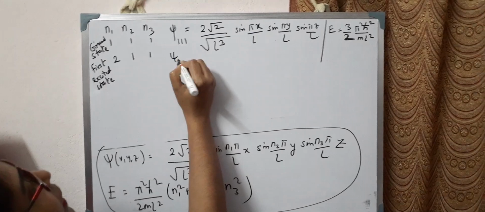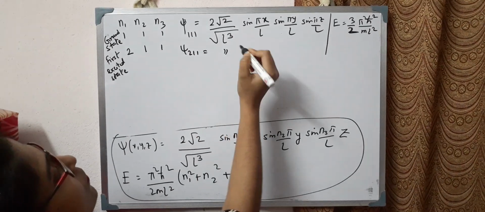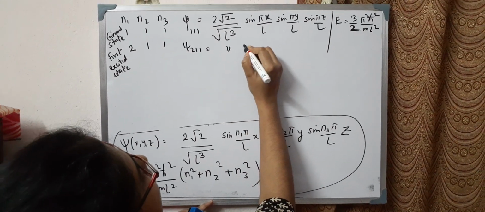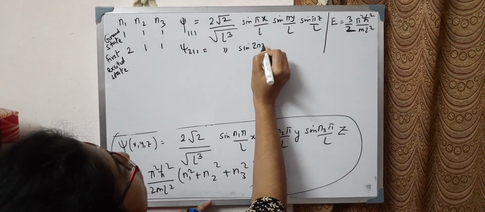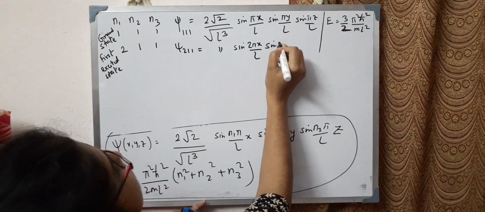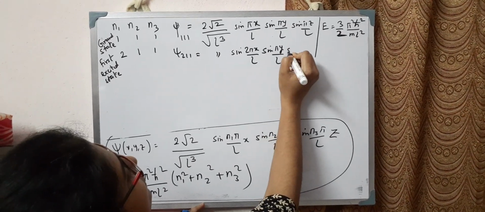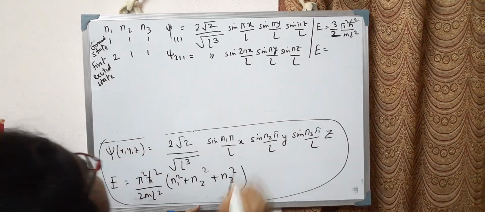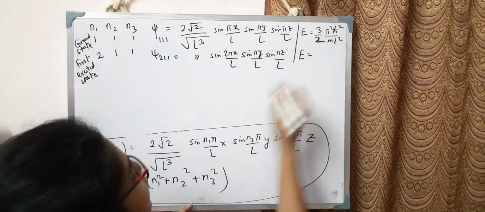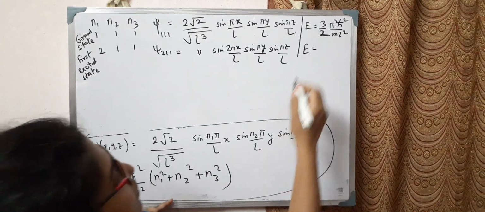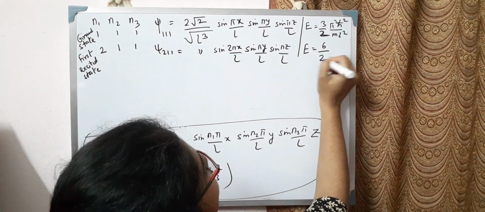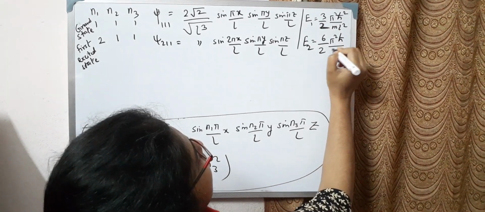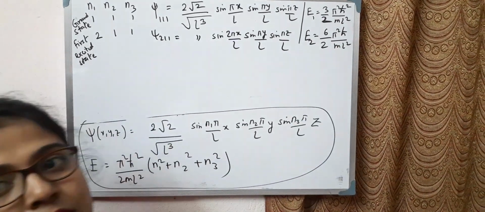Then psi 2, 1, 1 will be, the same term that I will get, sine 2 pi x by L, sine pi y by L, and sine pi z by L, and the energy will be 6 by 2, right? If you put here 2, 1 and 1, 2 square 4 plus 1 plus 1, so it is 6 by 2 pi square h cut square by m L square.